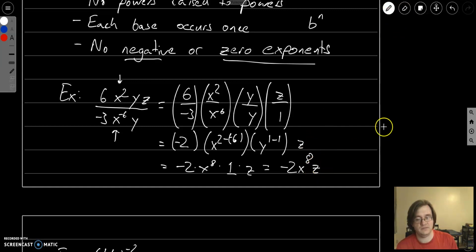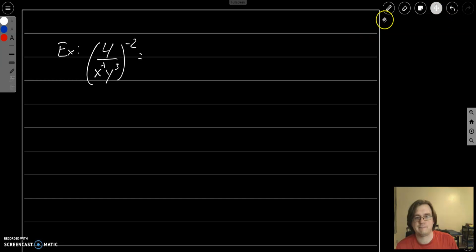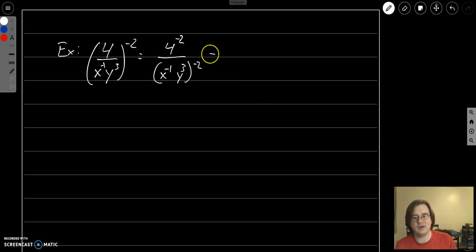Okay, let's go through one more example. Here we've got a fraction raised to a power. What I will do is I'll take the top raised to the power and the bottom raised to the power. So this will be 4 to the negative 2nd power, and then the bottom, which is x to the negative 1, y to the 3rd power, all of this raised to the negative 2nd power.